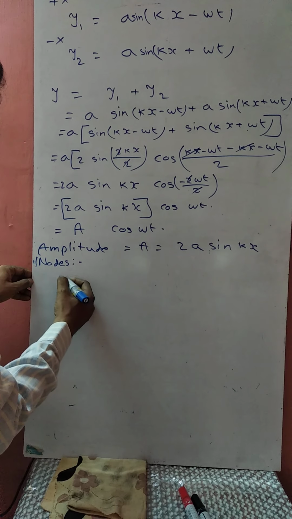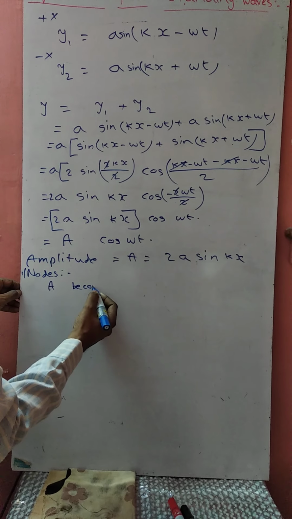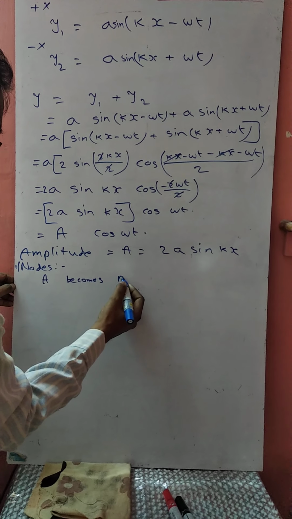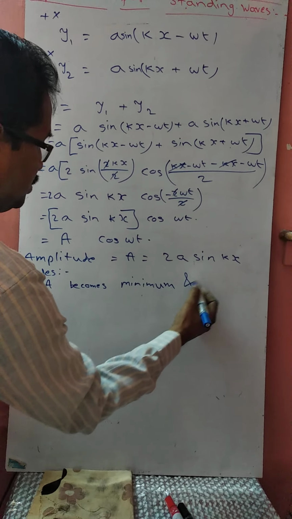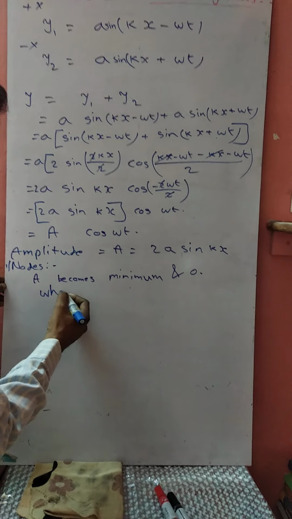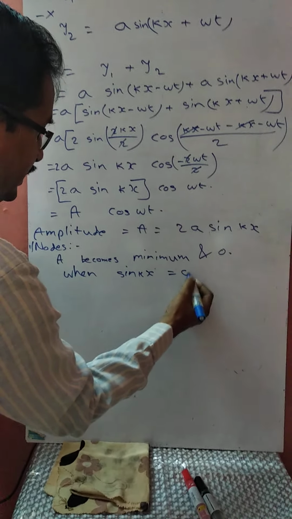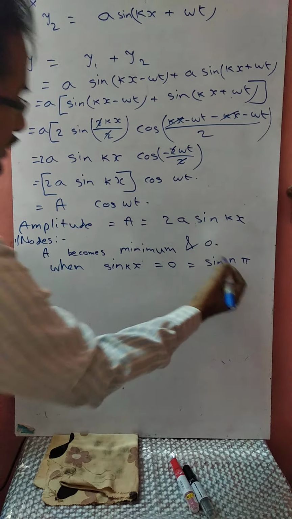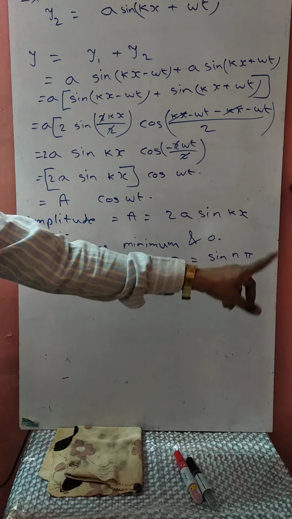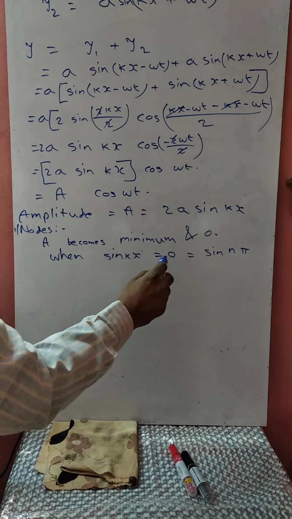So the amplitude A becomes minimum, that is 0, when sine kx equals 0, that is sine n into pi. Just imagine at 0 degrees, 180 degrees, 360 degrees, like that the sine function is going to become 0.